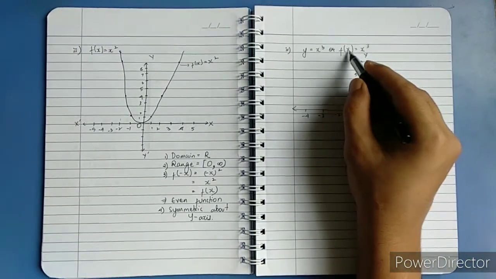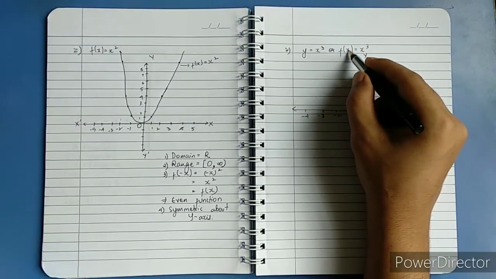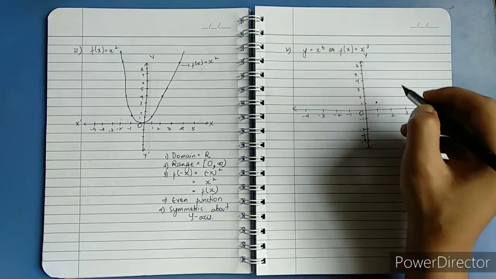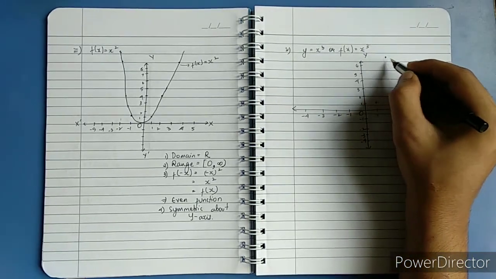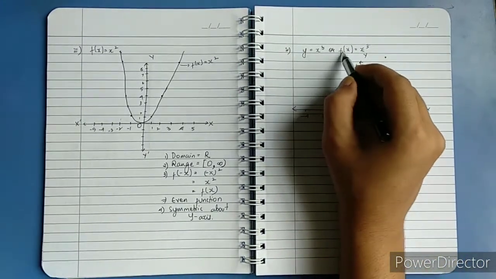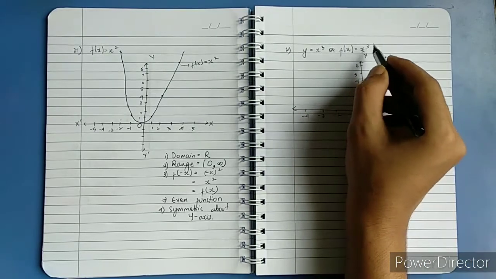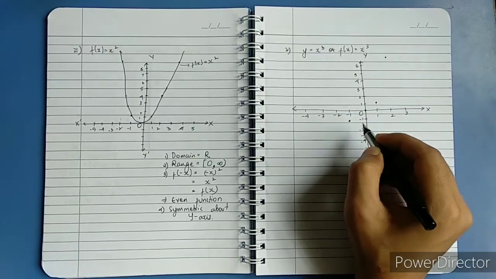So if you put x as 1, f of 1 is 1. x as 2, f of 2 is 2 cube, that is 8. F of 3 will become 27. F of 0 is 0. F of minus 1 is minus 1 cube, that is minus 1.